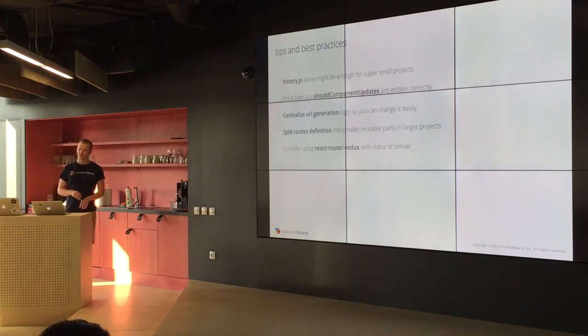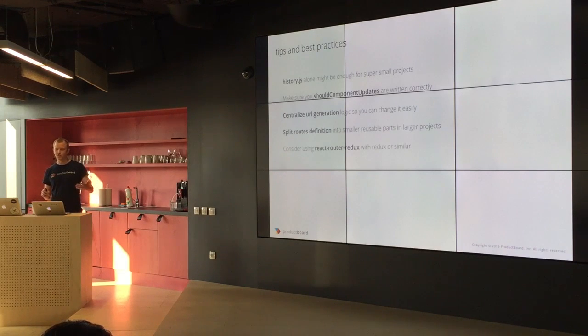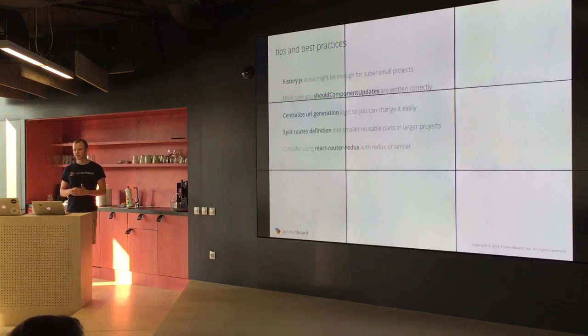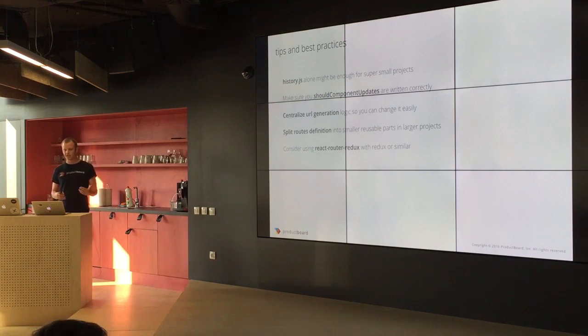What you need to make sure is that your shouldComponentUpdate methods are written correctly, because after each URL change, the information that the URL changed is going through your whole app through props, and you need to be sure that you are not just re-rendering everything again and again, but at the same time that all your links that need to be changed because they are not active anymore are re-rendered correctly.